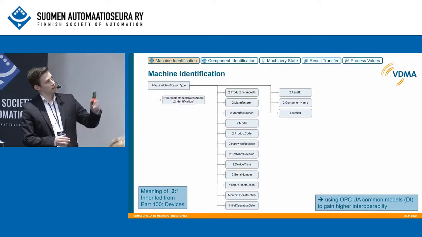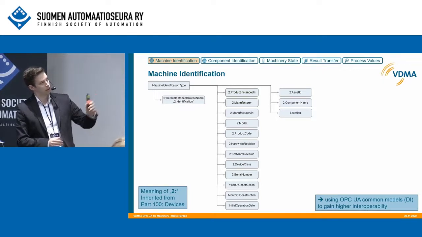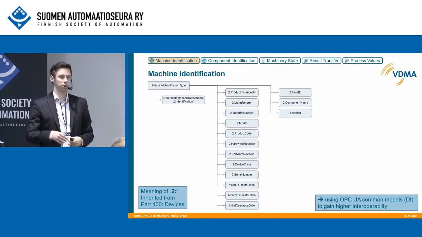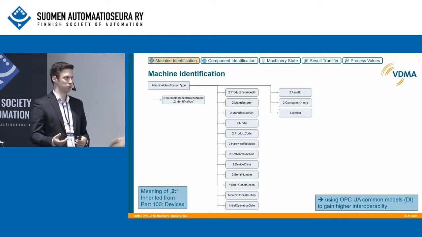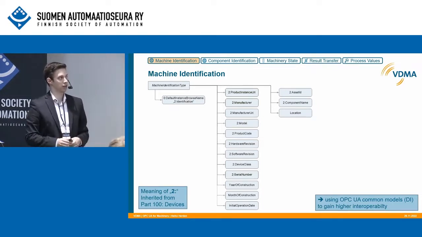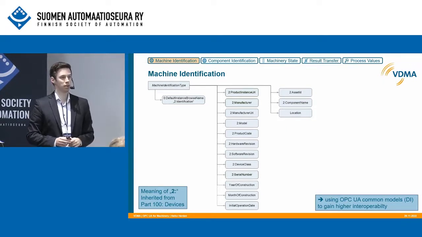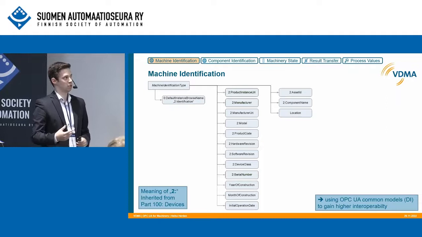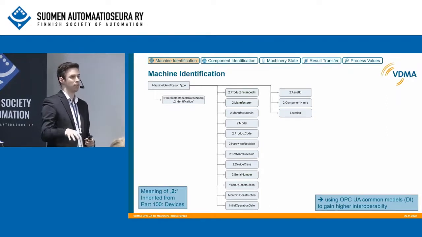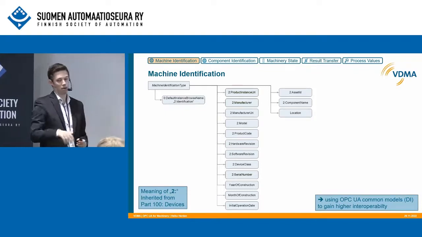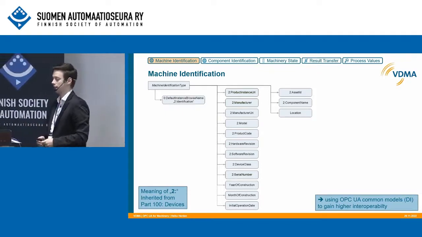The properties in the big column on the left are properties that are set by the manufacturer of the machine. So if you order the machine, these will be already filled out. The properties on the right are properties that are set by the user of the machine. So he might have his own asset ID or his own name for the machine that he puts in there, or his location where the machine is standing.